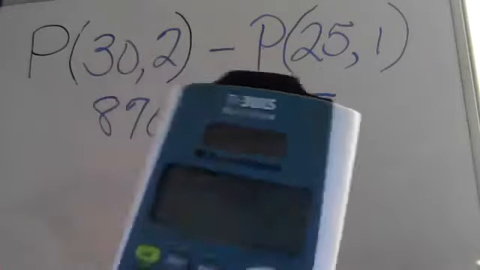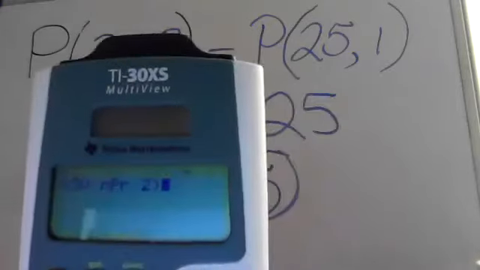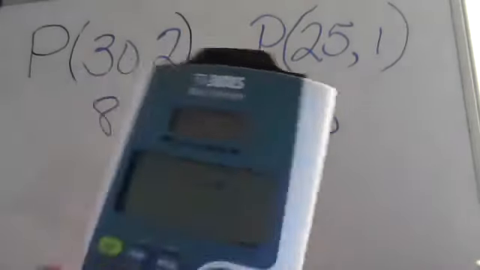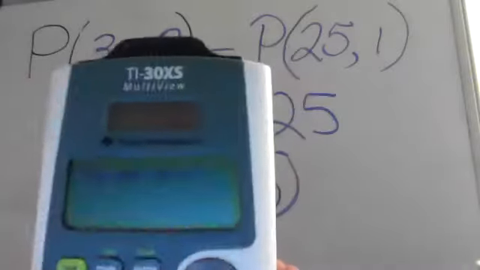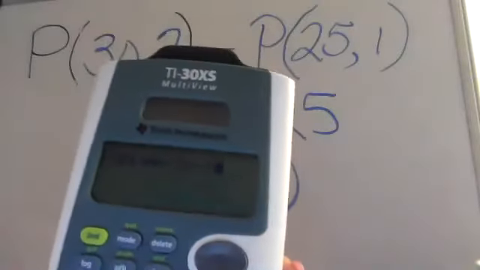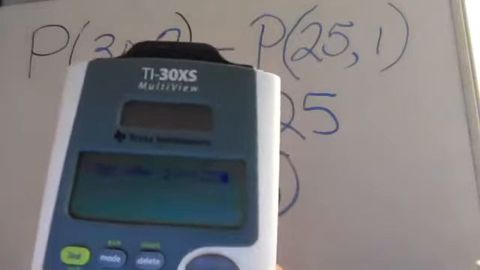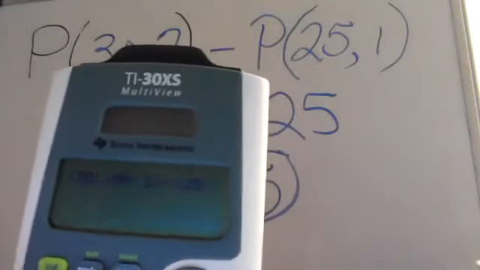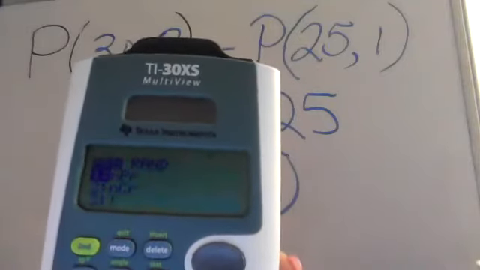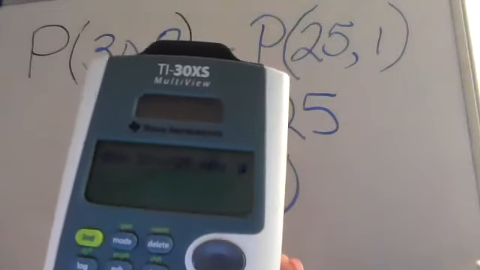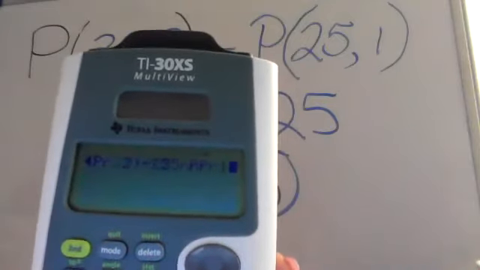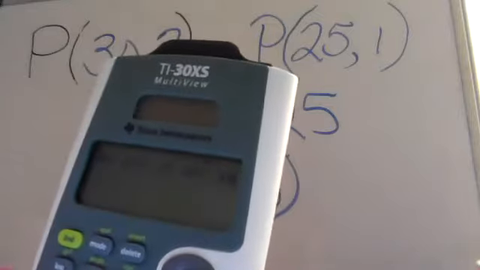And now we're going to try to do the whole problem. So we're going to do minus, and we'll do parentheses around this whole thing. So I'm going to start with the parentheses. I have 25 things, and I want to do a permutation one at a time. And close the parentheses.